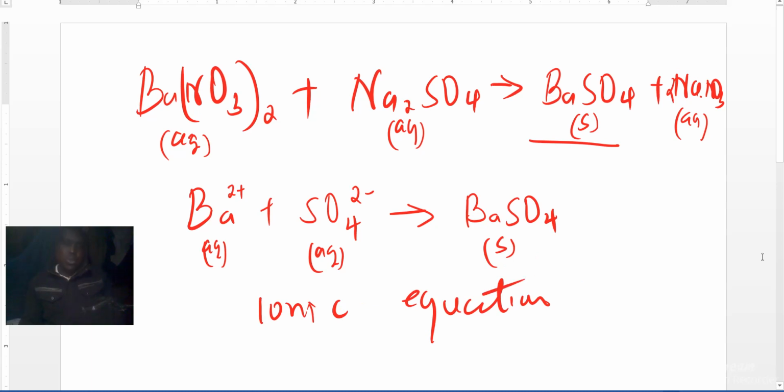Once you have understood, you only write the ions which form the solid, or the ions which form the liquid, that's all, and you are done writing the ionic equation.